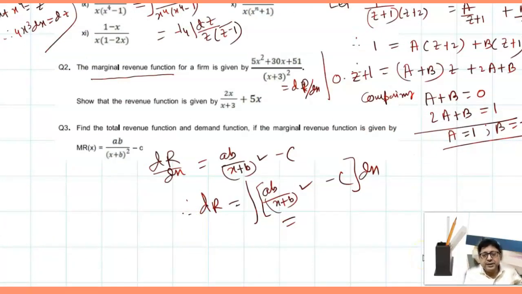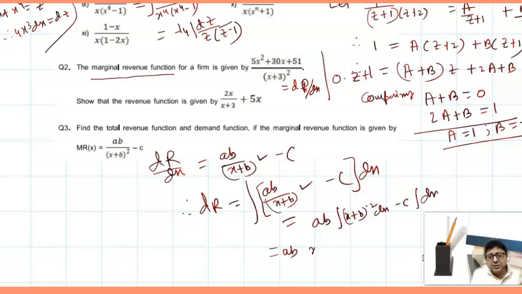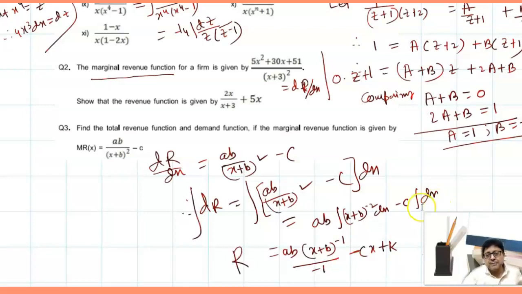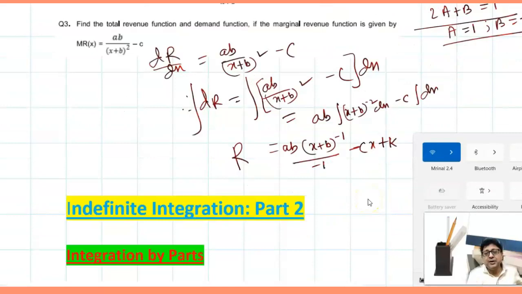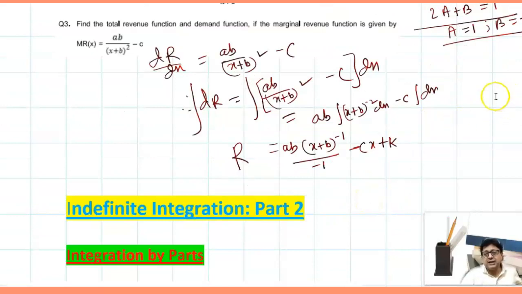How to integrate? This a, b and c are constants. So a, b, it will be (x plus b) to the power minus 2 dx. Minus c outside, only dx. So this will be (x plus b) to the power minus 2 plus 1, which is minus 1, by minus 1, minus cx plus k. Since c is already in use, you take the integration constant as k only.